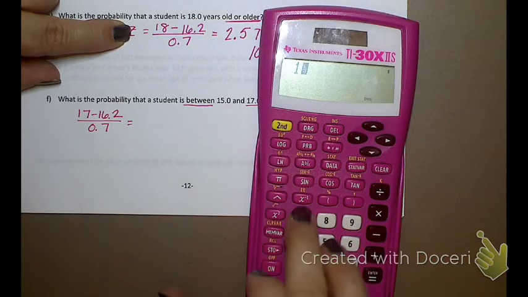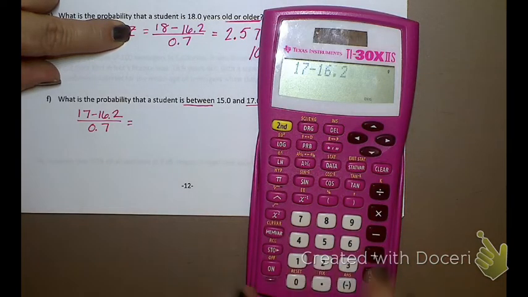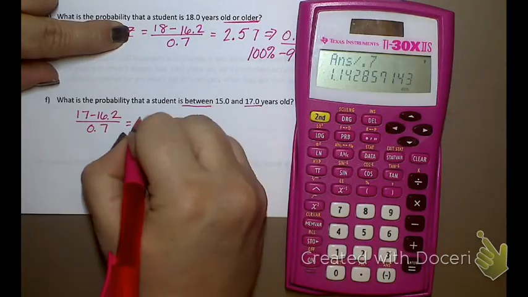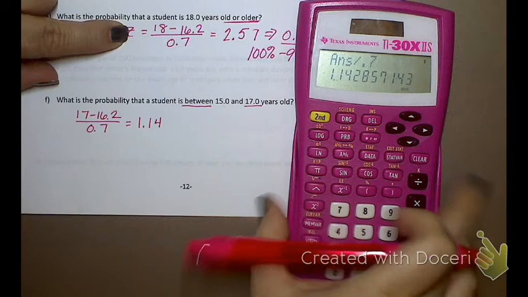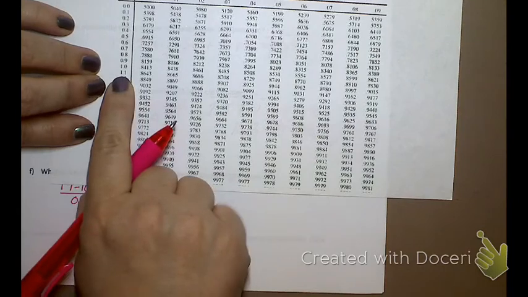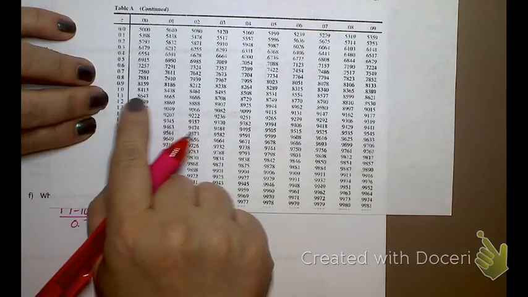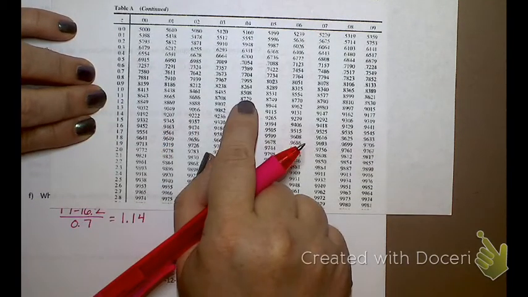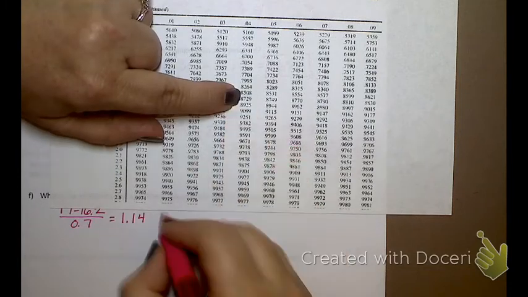So 17 minus 16.2 divided by 0.7 gives me 1.14. Let's go to the z-score table. 1.14, 1.1, 0, 1, 2, 3, 4 is 0.8729.